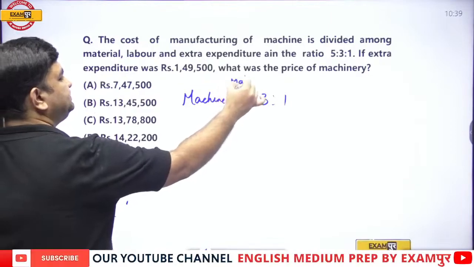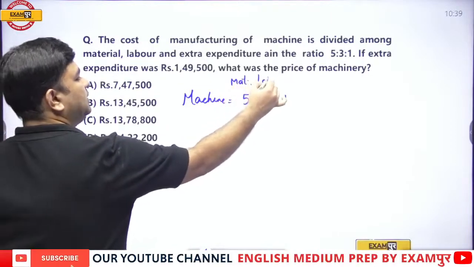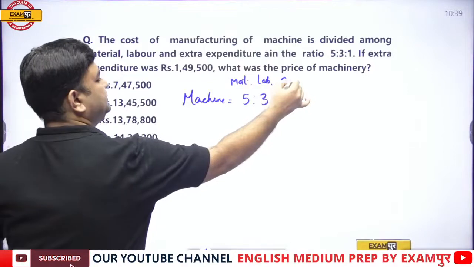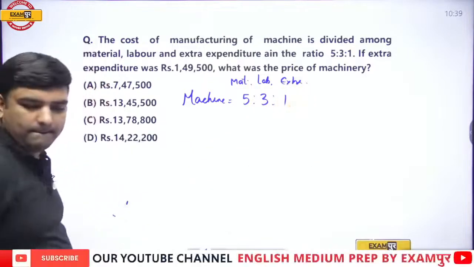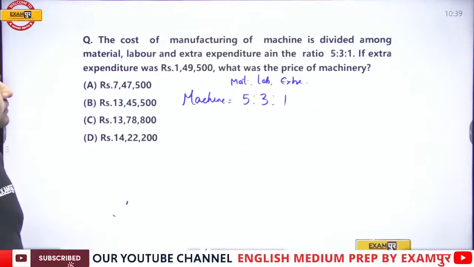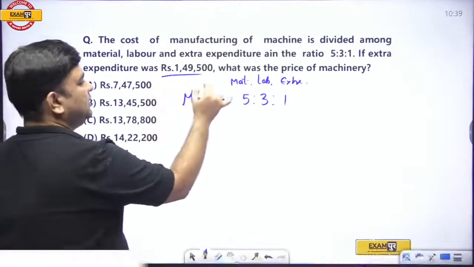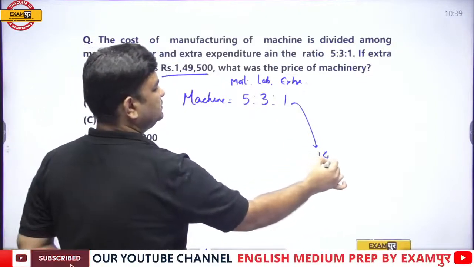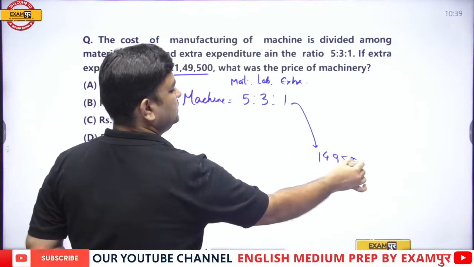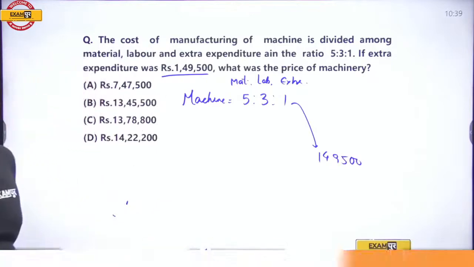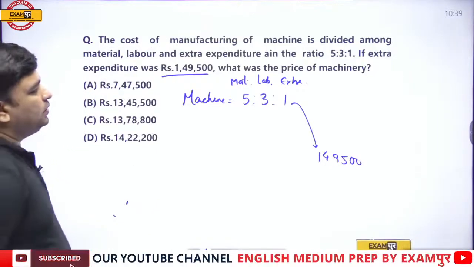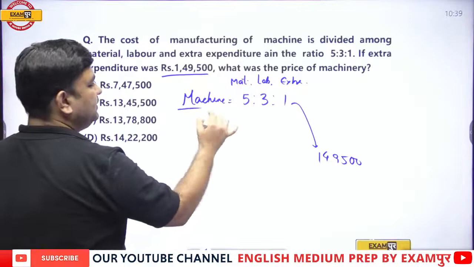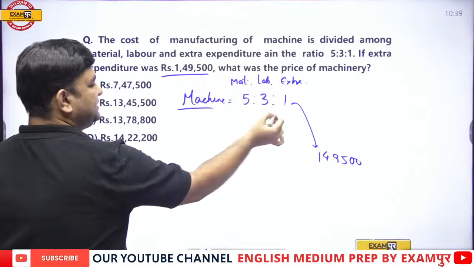Material, labor, extra. Okay, extra expenditure is given. Value of 1 is known. What is the price of machinery? Price of machinery is 5 plus 3 plus 8 plus 1, 9.